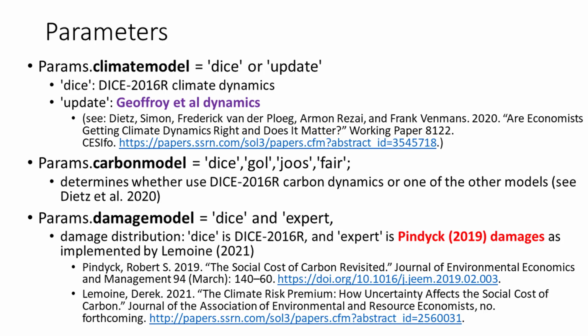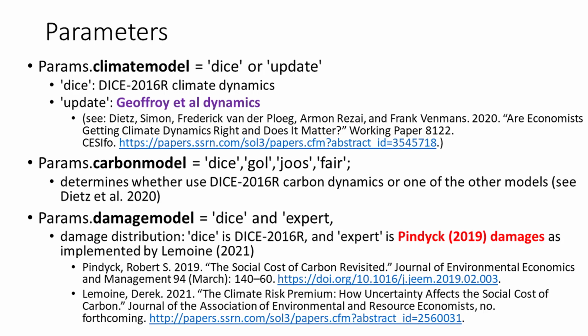Then carbon models, this paper defines them. I checked them and I was not able to find where, but it was written somewhere. I was just not able to identify why they were different and why they were significant, so I kept it in DICE.